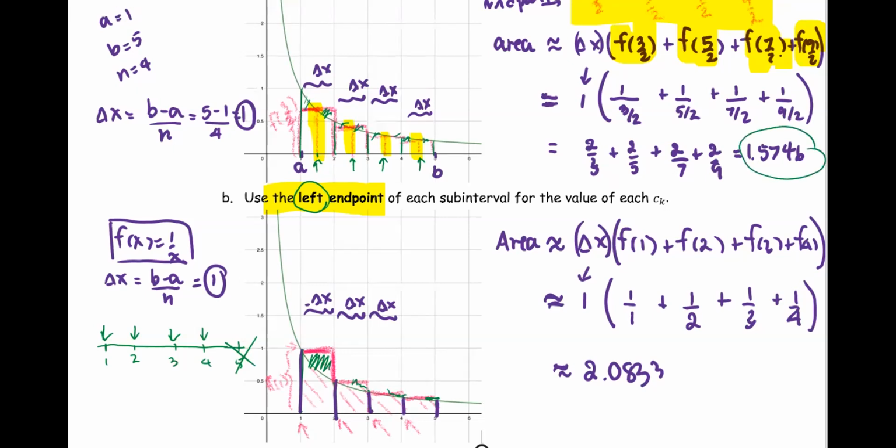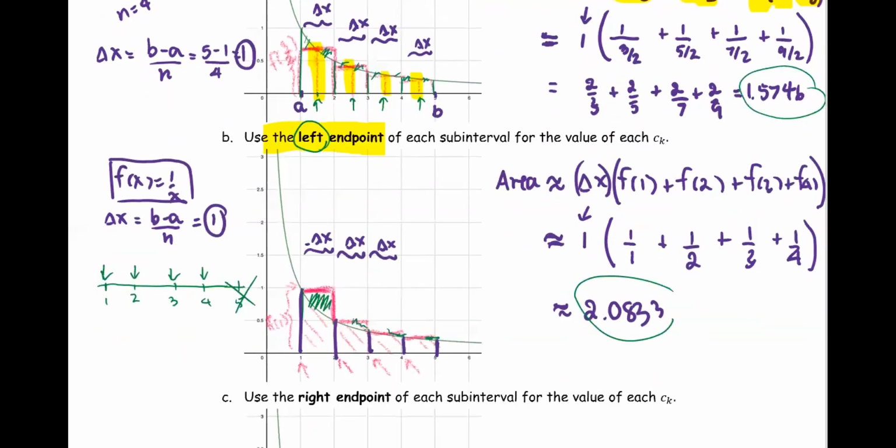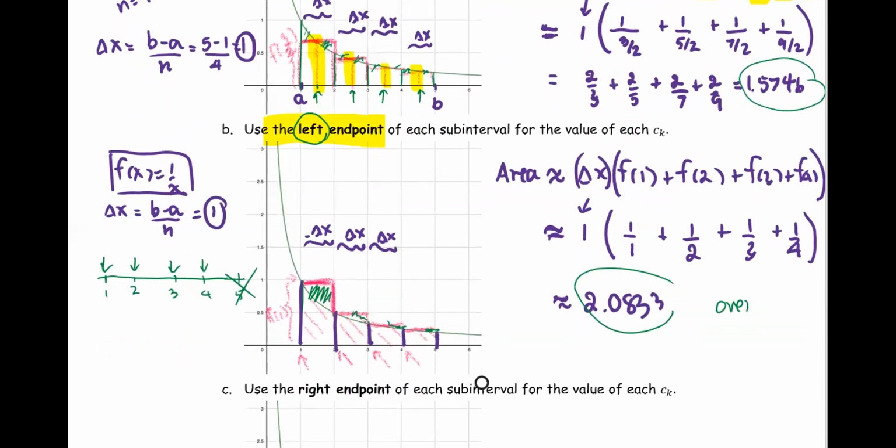That's why the values of these two are different. And from the picture, you can see this one is an overestimate. Why overestimate? Because you gain the extra or additional area every time when you move along the graph.